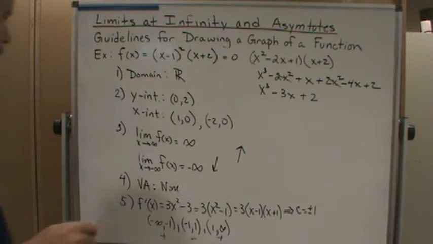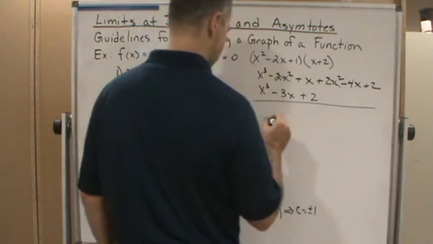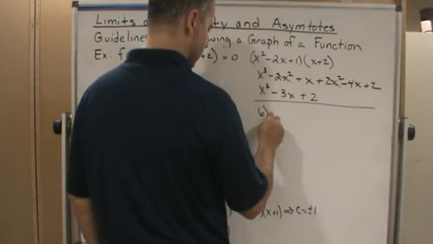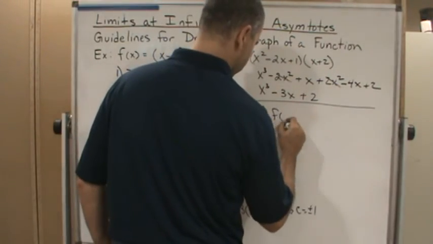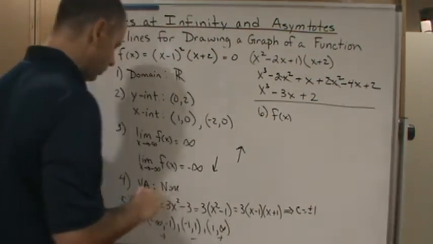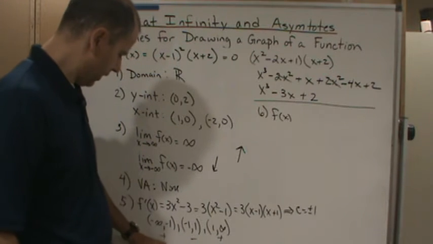Okay, so then step 6 is we take the second derivative. Oh, and by the way, it changes sign, so we know we have a, what?